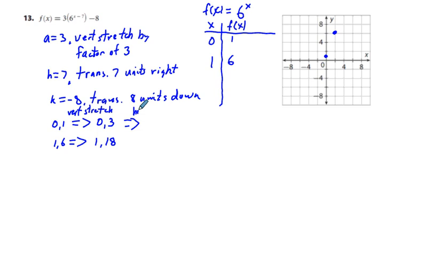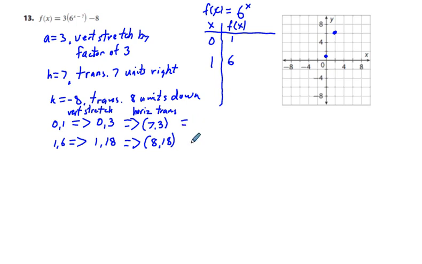We're moving 7 units to the right, so 0 plus 7 is going to be 7, 3. Okay, and this 1, 18 is going to be 1 plus 7, or 8, 18.